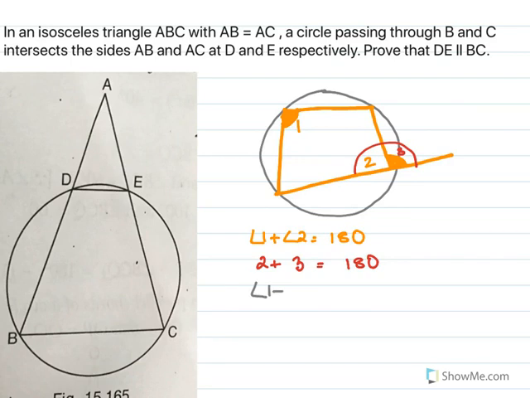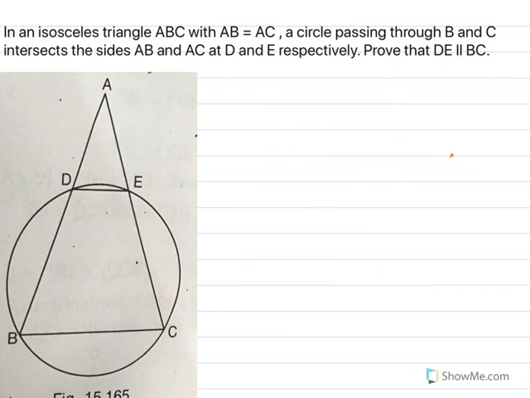So we'll have angle 1 plus angle 2 equal to angle 2 plus angle 3. This cancels and I get 1 equal to 3. So remember, in a cyclic quadrilateral, the exterior angle is always equal to the interior opposite angle.